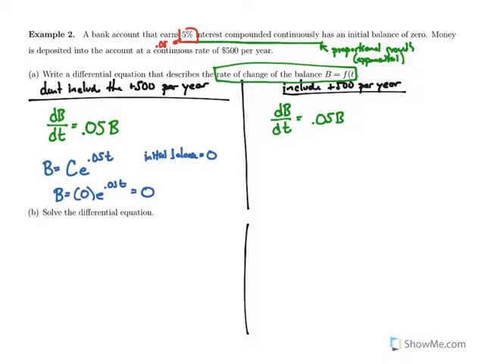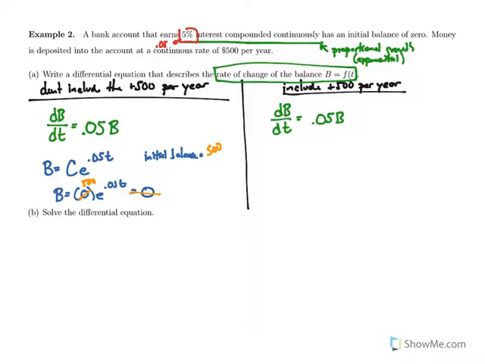Does that make sense? If we earn 5% interest on a balance but don't add any money into that account, we're gaining 5% interest on a balance of 0 each time. That's not a very interesting solution. If we had an initial balance of maybe 500 instead, then this value would turn into 500, and we could deal with that as well. But that's not the purpose of this problem. The purpose is looking at what happens if we add the 500 as well.